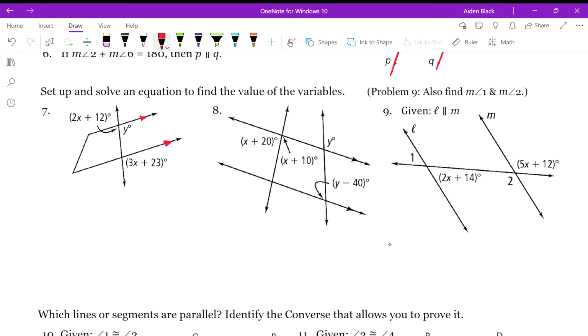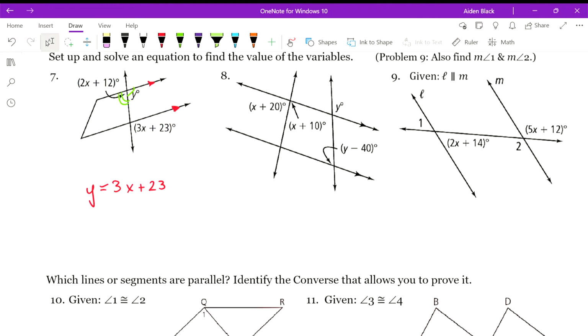So we can say since these are corresponding angles and the lines are parallel, we know they should be congruent. In other words, their measure should be equal. So we can set up this equation. And then if we look at this angle and this angle, we know that they should be supplementary.